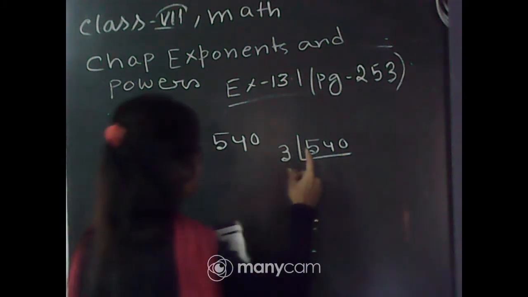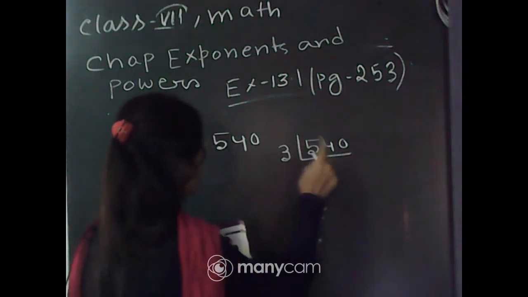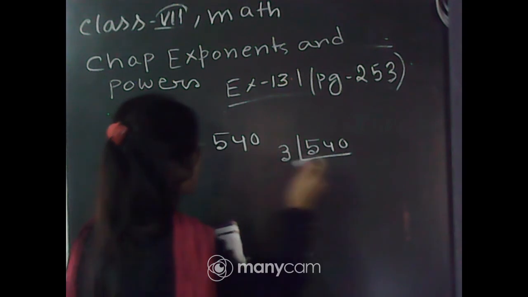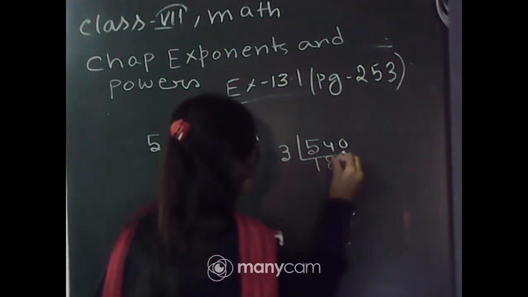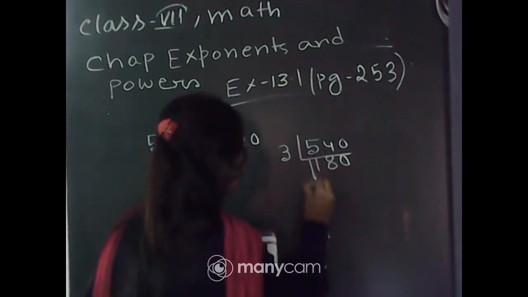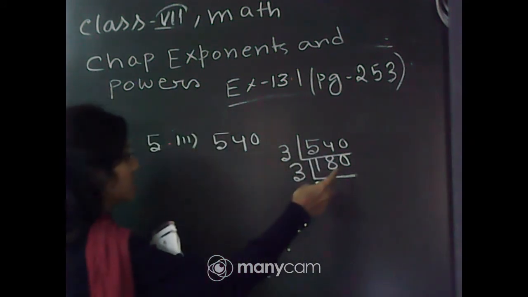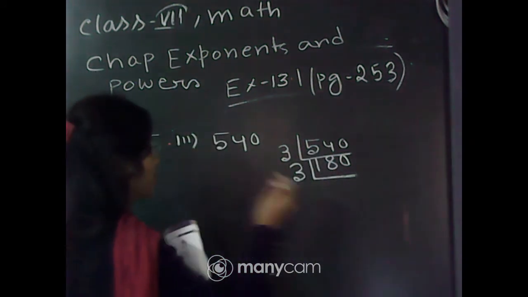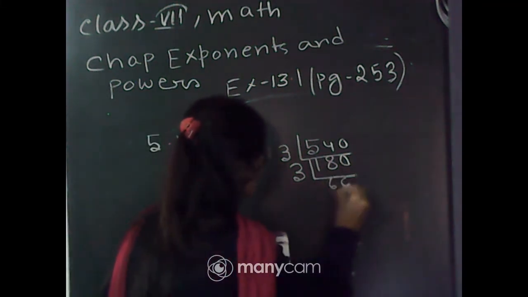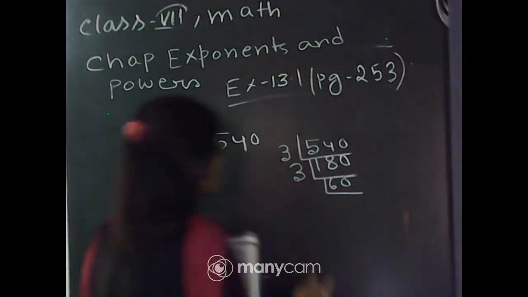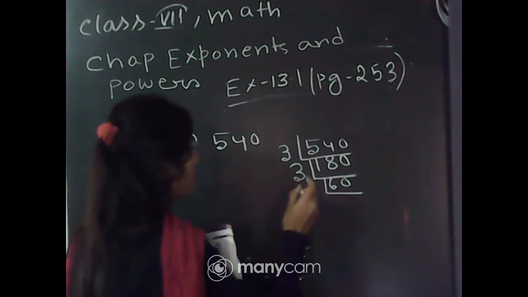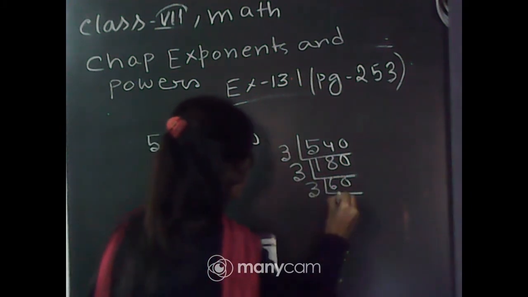If we divide 540 by 3, we get 180. Again, if we divide 180 by 3, we get 60. If we divide 60 by 3, we get 20.